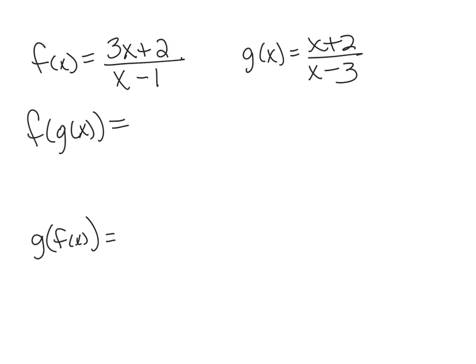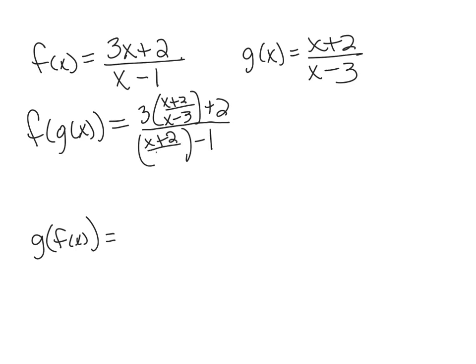All right, let's do another. We have the outside function is f, and f says 3 something plus 2 over something minus 1. And the thing that gets plugged into the parentheses is the entire g of x function, x plus 2 over x minus 3.